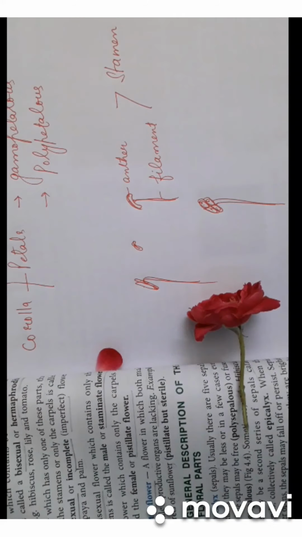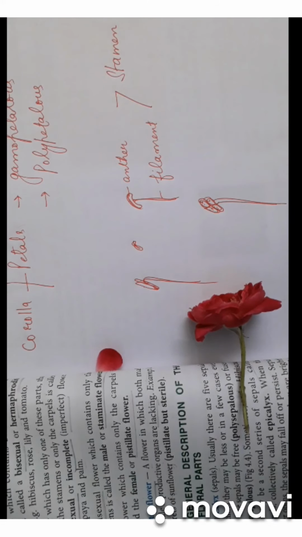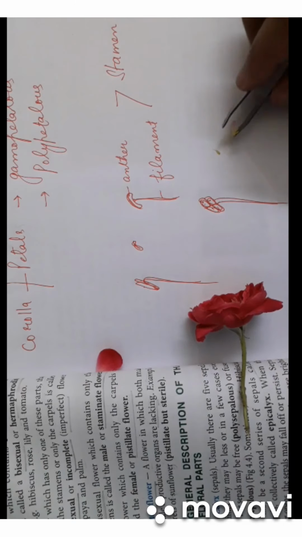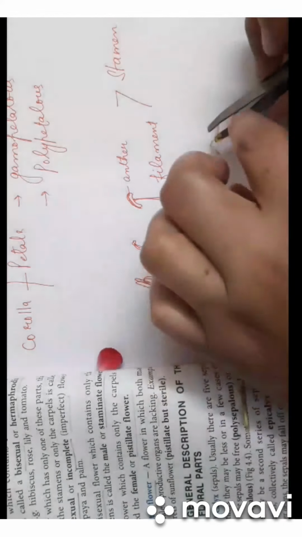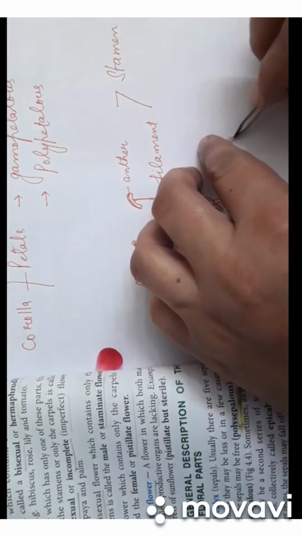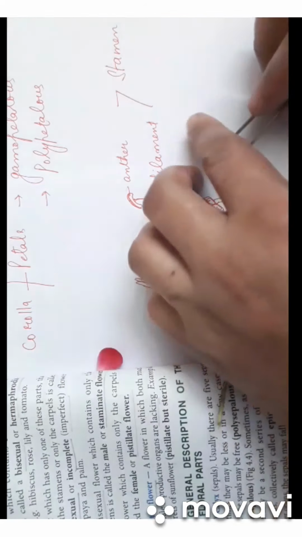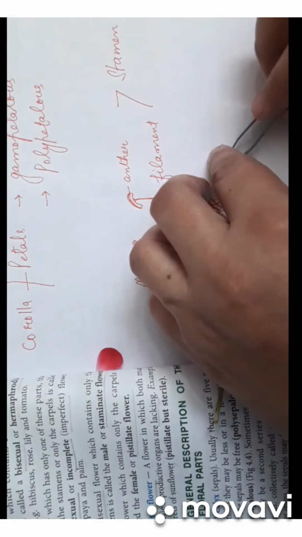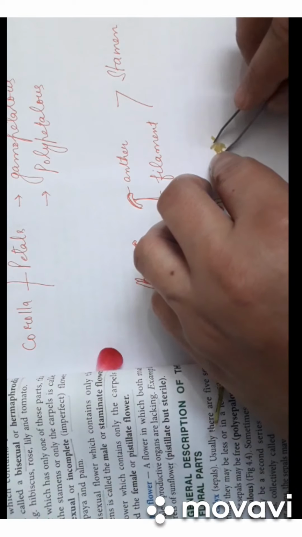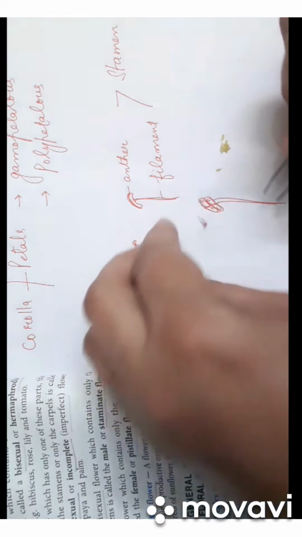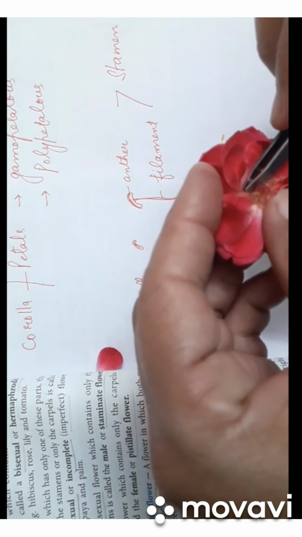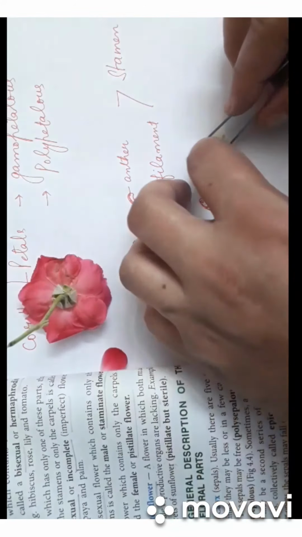Now let me show you a little bit. If you can see the anthers, you need to see it carefully, the anther and the filament. In rose plant also it is clearly visible, rose flower.